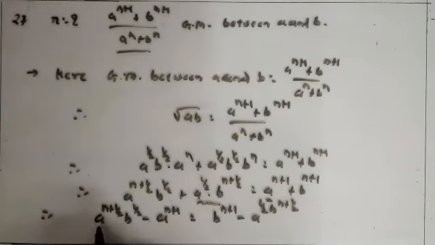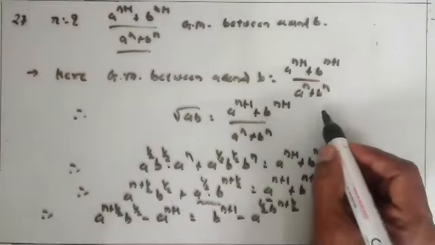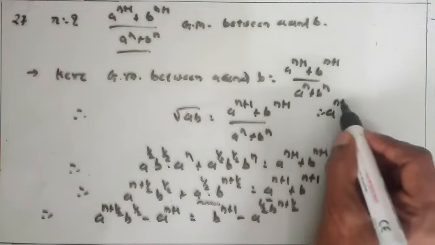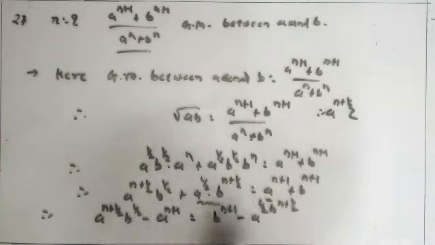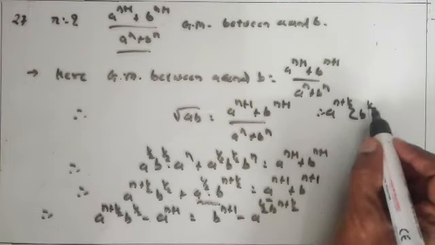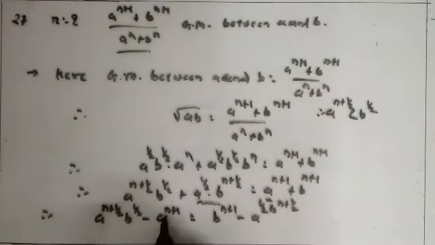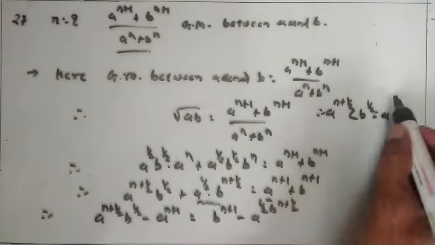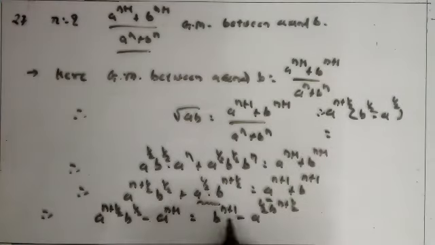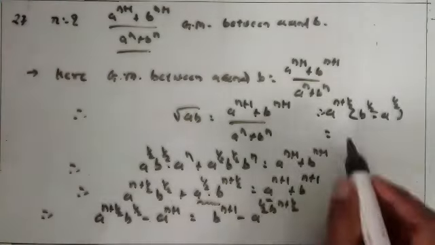Now a^((n+1)/2) take common from both terms. So we get a^((n+1)/2) into bracket b^(1/2) minus a^(1/2), since a^(n+1) minus (n+1)/2 becomes a^(1/2), is equal to b^((n+1)/2) take common.